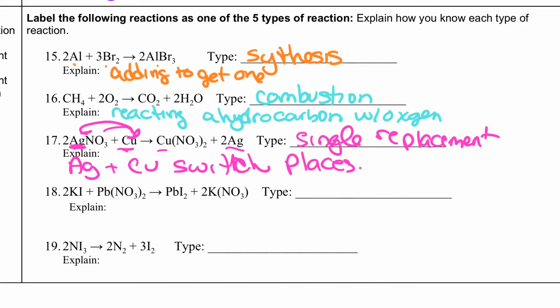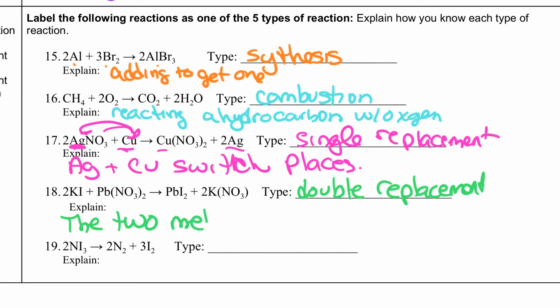In number 18, it's KI plus lead nitrate yields lead iodide and potassium nitrate. And this is a double replacement. And I know that because the 2 metals swap places.